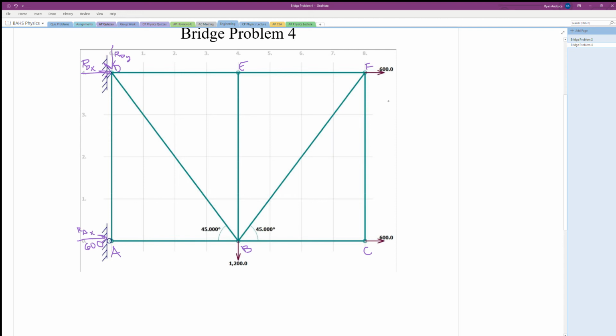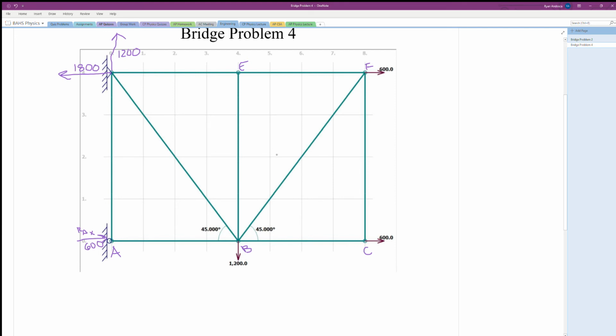That's a total of 1800 to the right, which means that this force RDX here, which I currently have drawn the wrong way, must be going left, and it must be 1800 in order to cancel out those forces. This force here has to cancel a downward 1200, which means it's obviously going upwards, so let's get rid of that. It is going up, and that upward force is 1200.